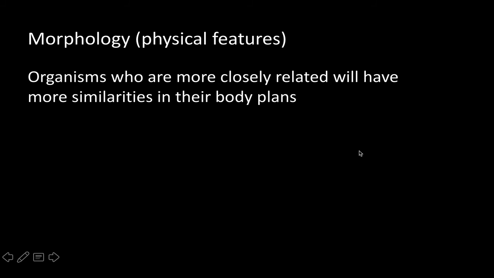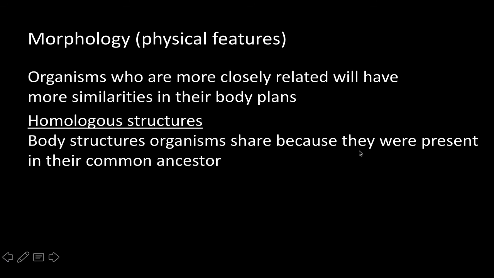So, in order to take a look at how species are related to each other, you look at the similarities in their body plans. And when you're talking about similarities in their body plans, you really want to focus on homologous structures. The organisms that are more closely related will have more similarities in their body plans, and that's because of homologous structures.